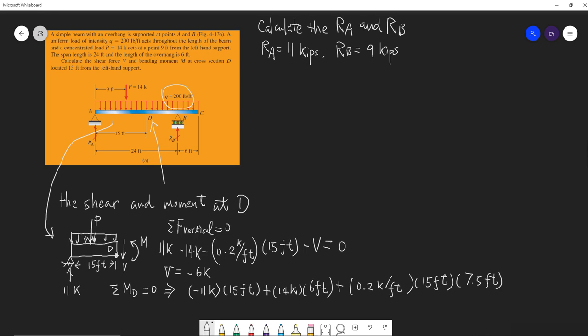The idea is very clear because this is the center of the uniform load.